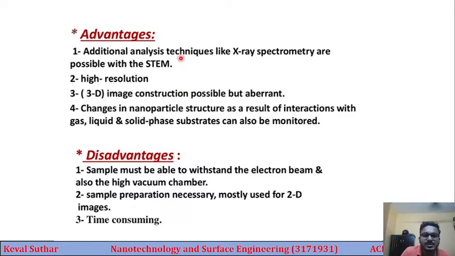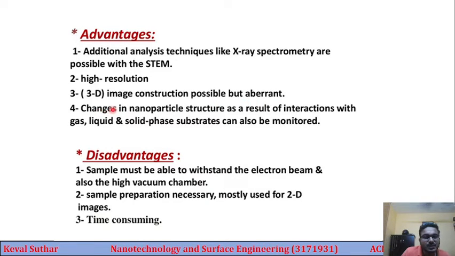additional analysis techniques like X-ray spectrometry are possible with the help of STEM. So we can have some additional analysis. Second is high resolution images that we have already discussed in our previous slide. The third one is 3-dimensional image construction is possible. However, it is aberrant.